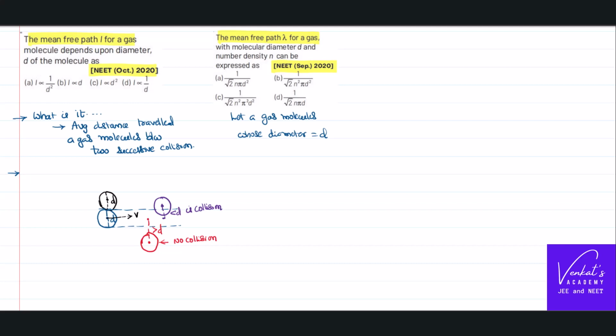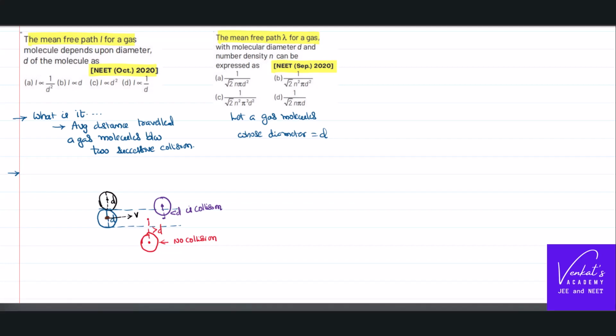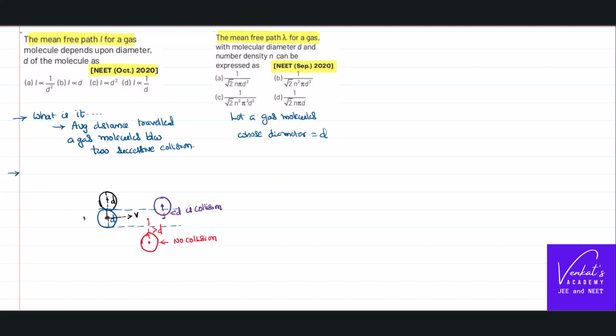To explain that, from the center of the gas molecule, let us draw a line whose radius is r. Be careful, I am drawing a line, a radius. Earlier I said the diameter of each gas molecule is d, but now I am going to draw a cylinder whose radius is equal to d. This is d, the radius.